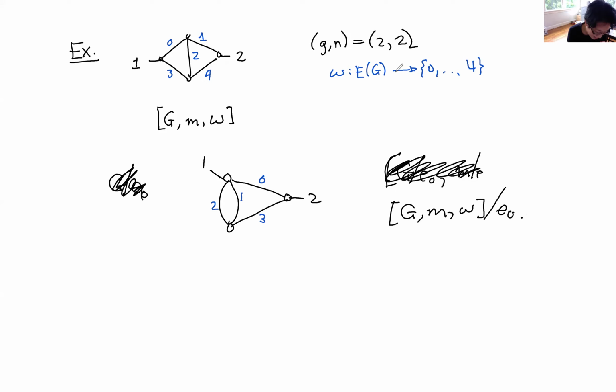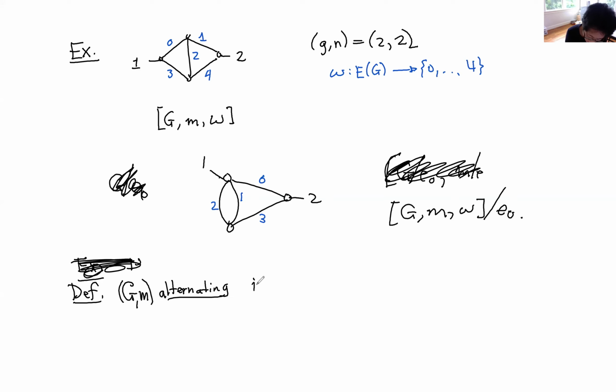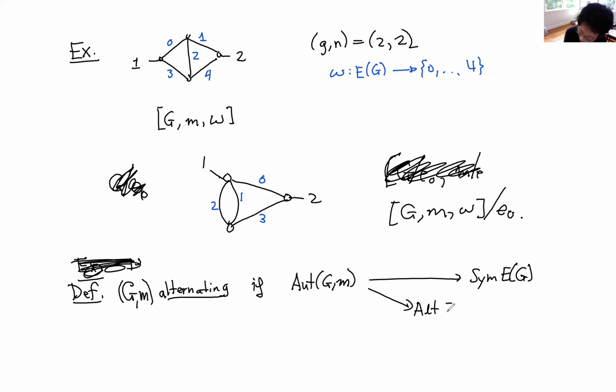Let me define, sorry about my ugly board right now, that a marked graph, stable and connected, is alternating if its automorphism group, when regarded as acting on the edge set, factors through the alternating subgroup of the symmetric group on this set of edges.